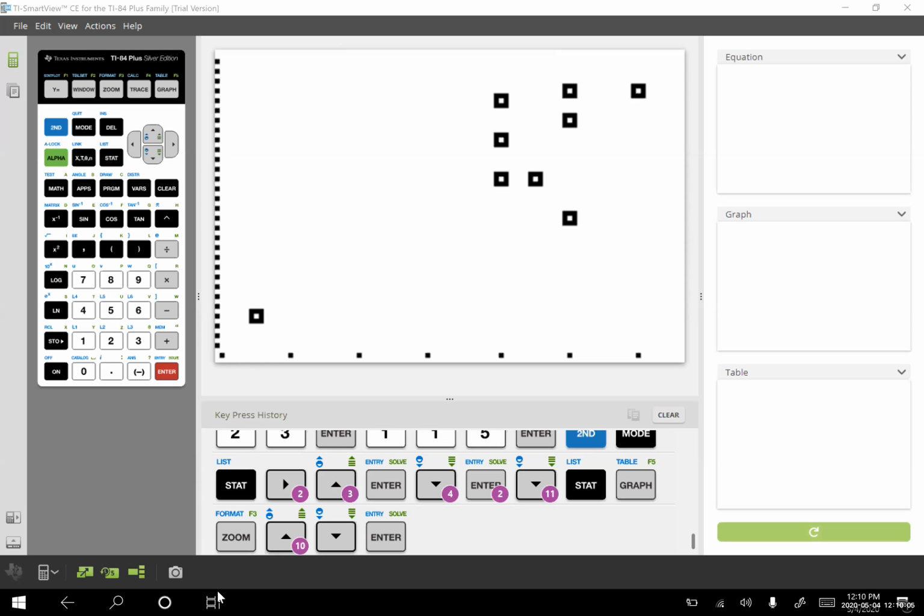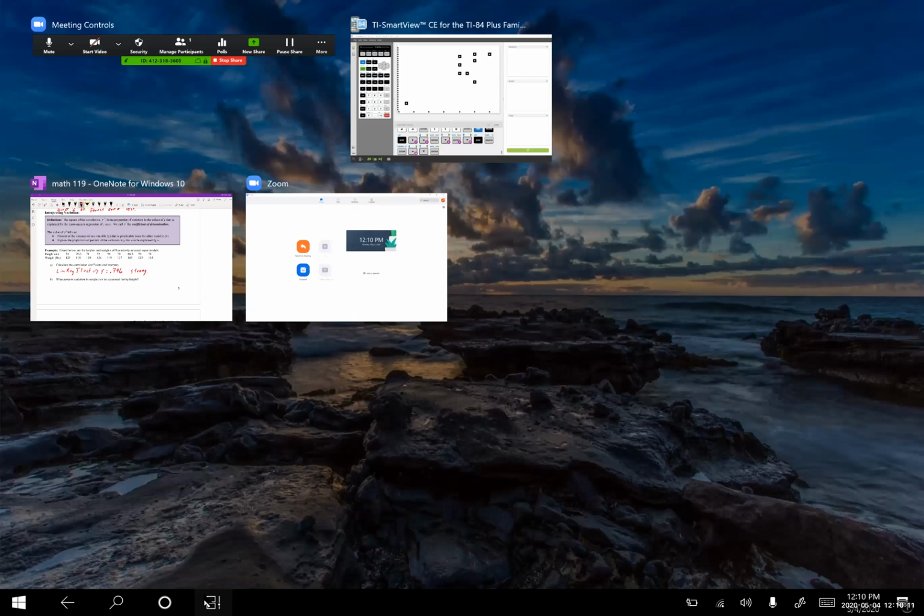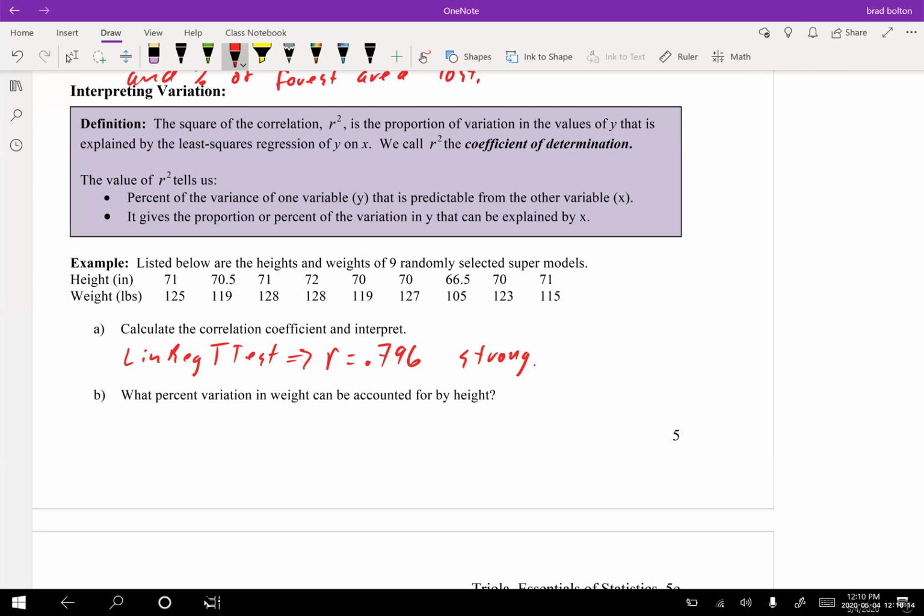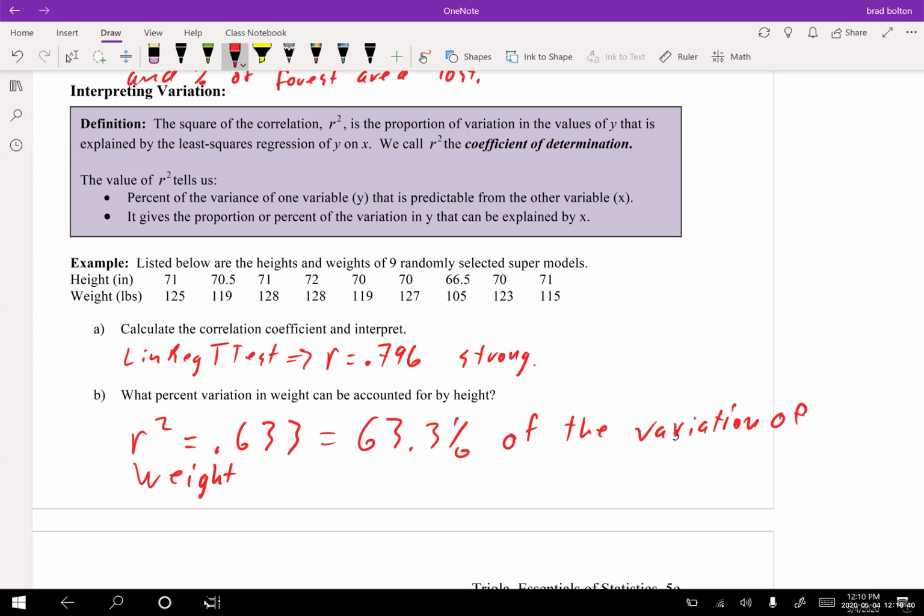So we're going to come over here and we're going to see, oops, I did it again. So now we're going to say that our R is equal to 0.796. And then it says that R squared is equal to 0.633, which is about 63.3% of the variation of weight is explained by height.